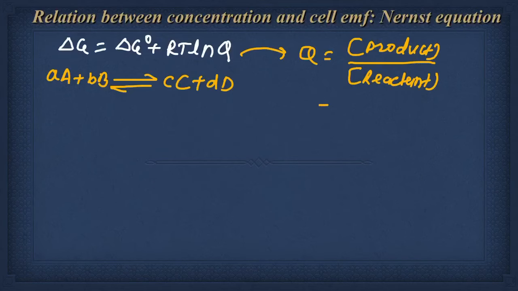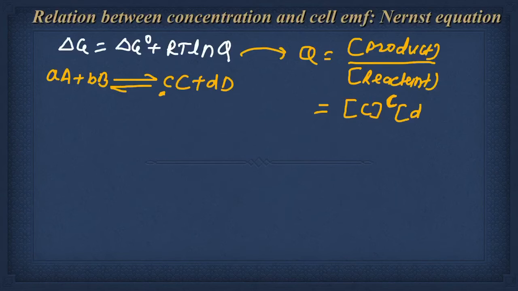So we can write the products in this reaction, that is C plus D. The product concentration is C raised to power c. We use the power, that is the coefficient of the reaction, the stoichiometry of the reaction. Here the stoichiometry for this product is c, and for this one it is d.